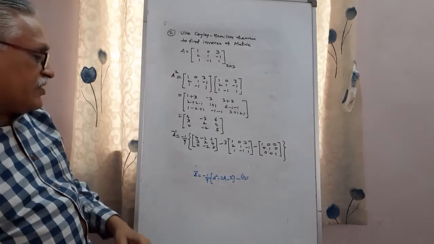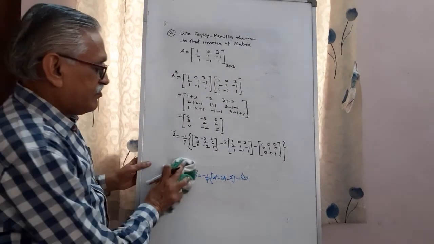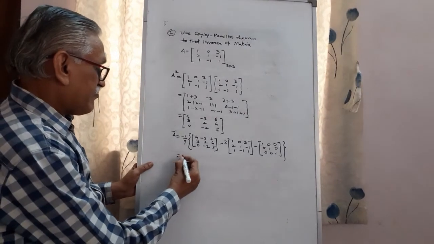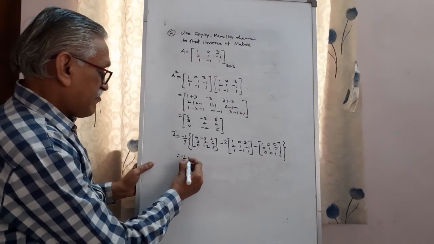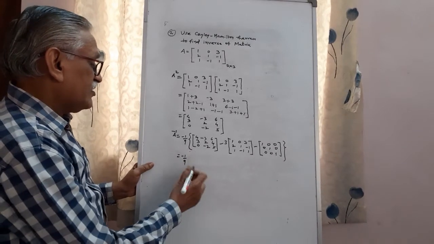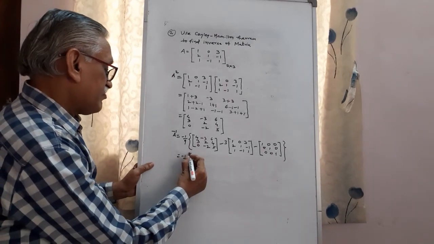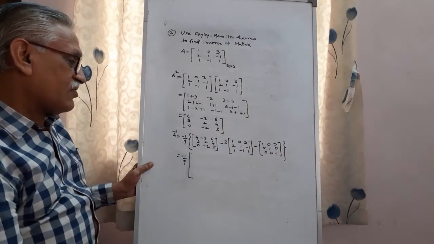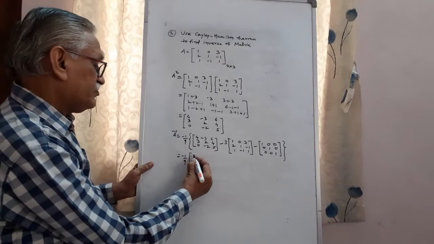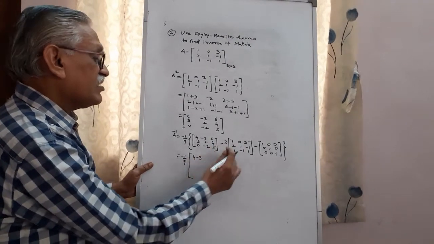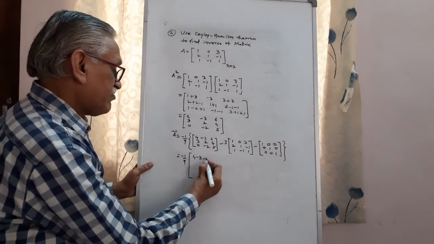Then we perform the calculation. Adding the first elements of all, 4, 3 ones are 3, minus 3 and minus 1.